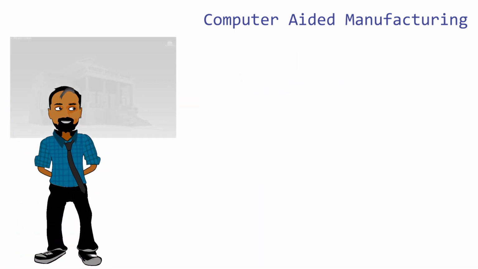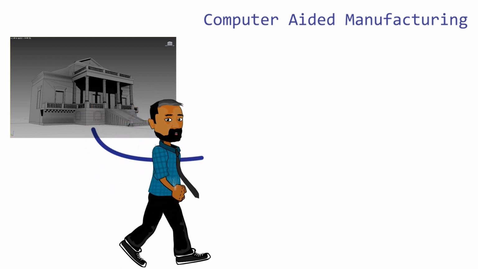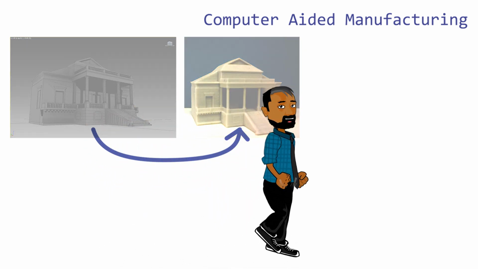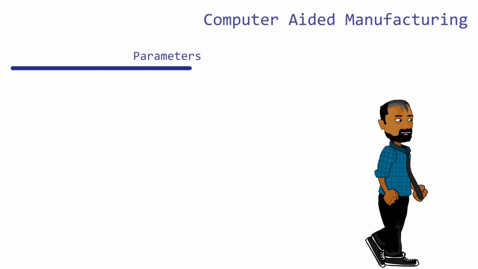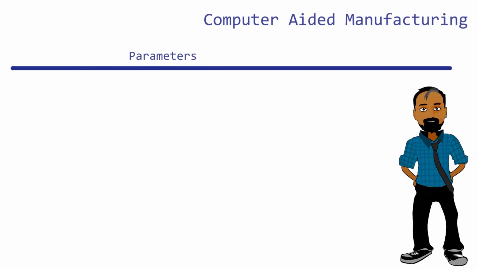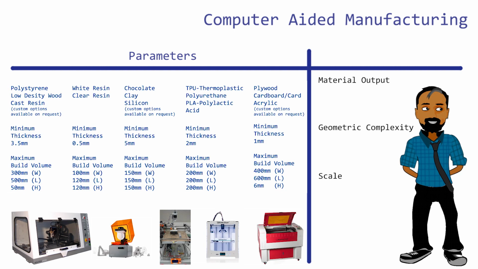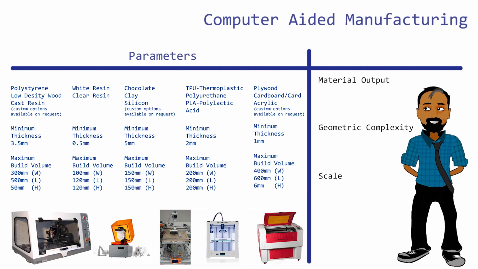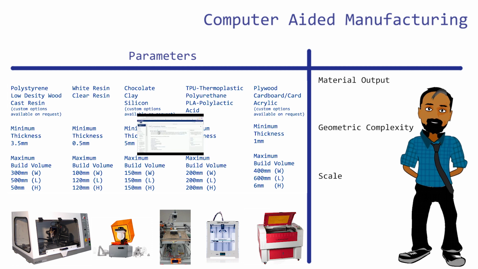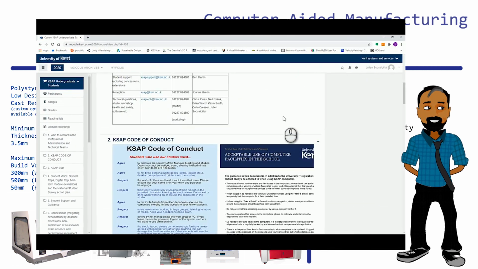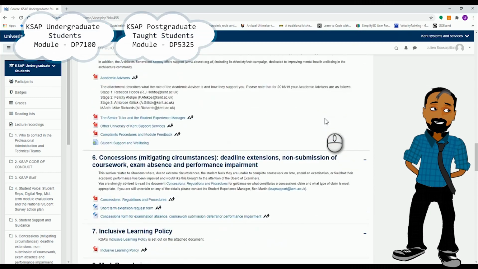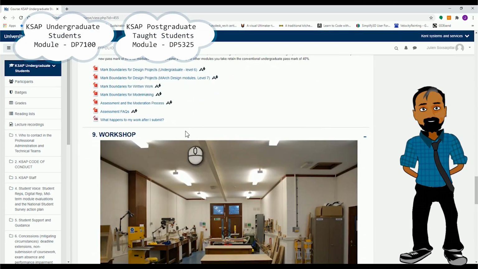Once your intentions are pragmatized through your choice of technique, the conversion of digital models to the physical requires you to achieve parameters that allow for the computer-aided machining. These parameters are based on the three factors mentioned earlier, and each machine we facilitate has its own limitation in regards to your options for digital fabrication. This information is all available on your Moodle page under module DP7100 for workshop details.